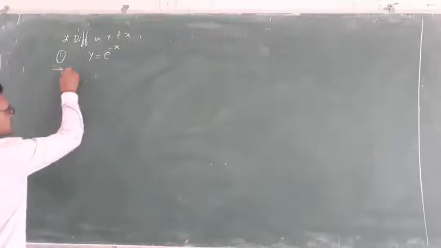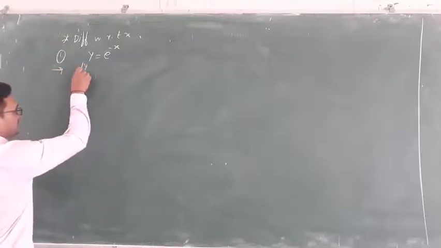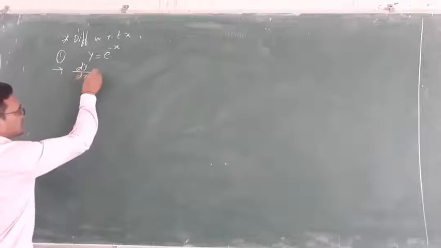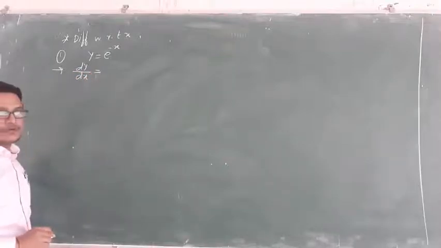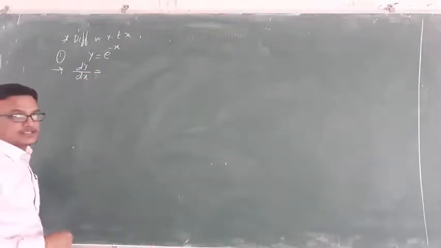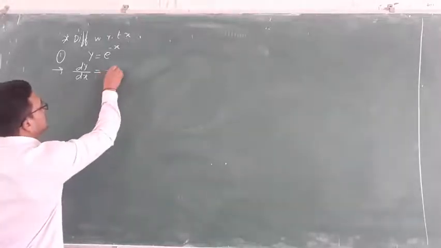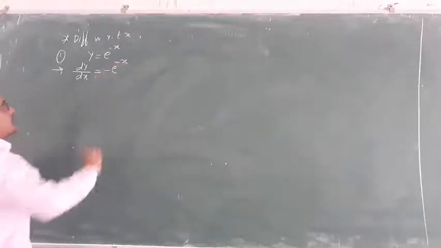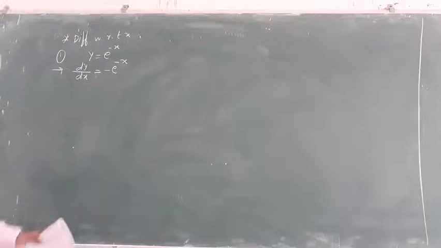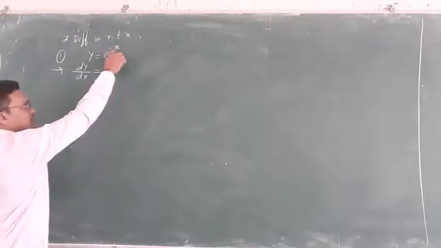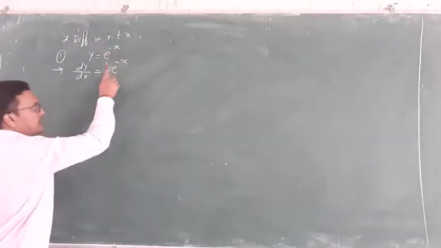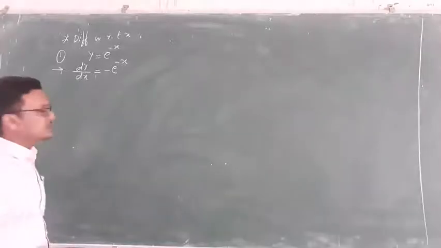So when you differentiate this with respect to x, dy by dx is equals to derivative of e to the power minus x, which is minus into e to the power minus x. Means whatever the x coefficient is there, that we have to multiply and keep e to the power minus x as it is.